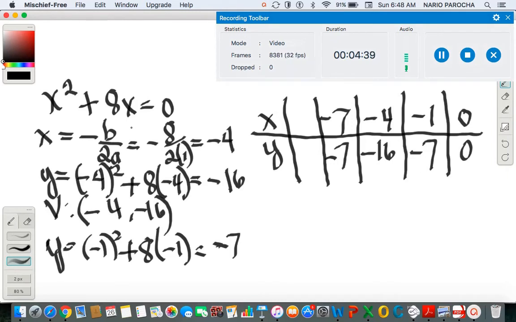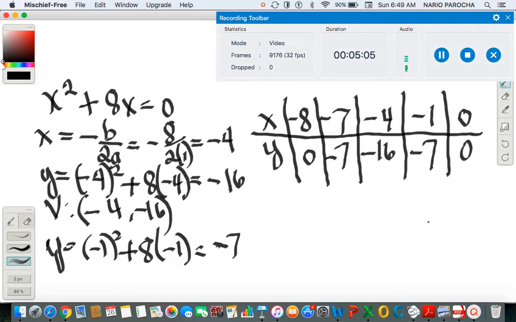So negative 56 plus positive 49 is negative 7. We're doing fine. And from negative 4 to 0, there are 4 units between them, so when x is equal to negative 8, y is equal to 0.